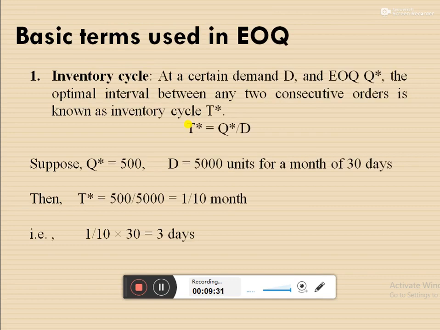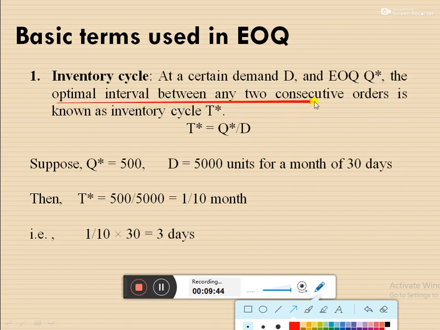Now we will discuss some basic terms that are used in economic order quantity, and the first one is the inventory cycle. So inventory cycle basically represents the optimal interval between two consecutive orders.